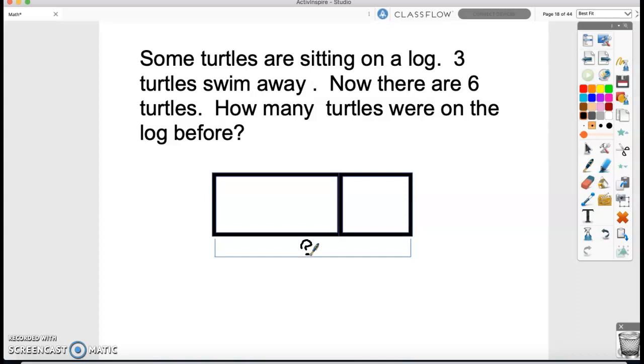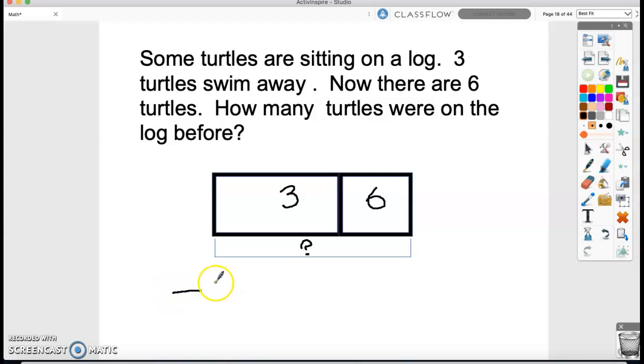It did say 3 turtles swim away. So I know that 3 turtles swim away. And then it told me that now there are 6 turtles. But I still need to know how many turtles there were on the log to start with. So I'm going to look here, and it says for my number sentence, it says some turtles are sitting on a log. I don't know some, so I need to figure that out.